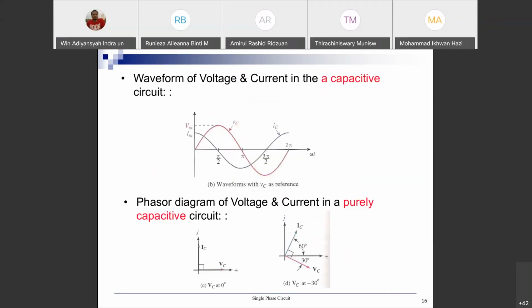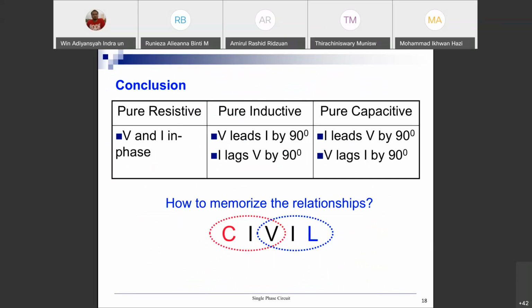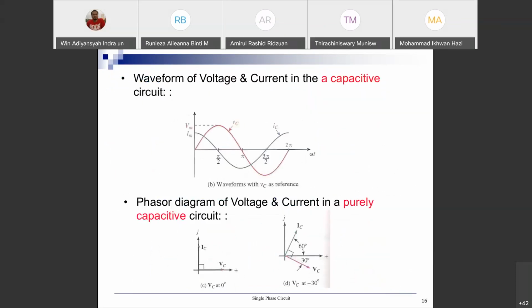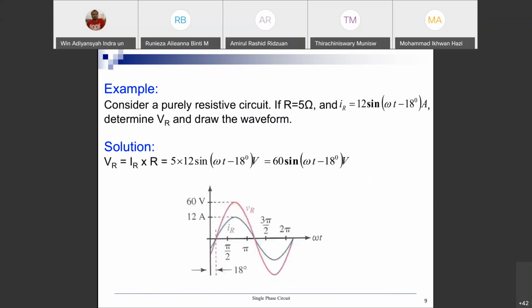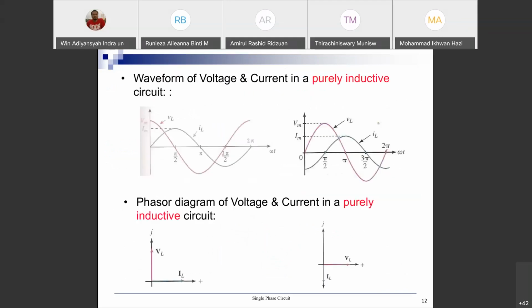And then pure inductive: V leads I by 90 degrees, or I lags V by 90 degrees. If you look at the pictures here, V leads.